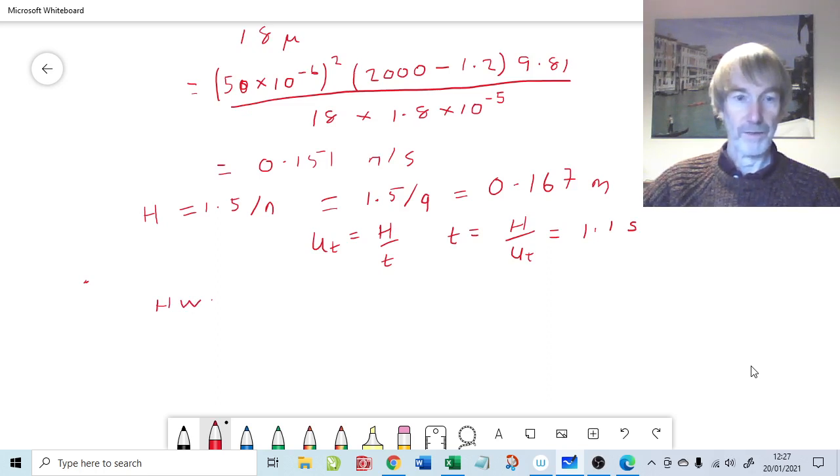That is the volume, and if we divide the volume by Q, it will give us the residence time in a horizontal way, which is going to be the same as the residence time in the vertical direction.